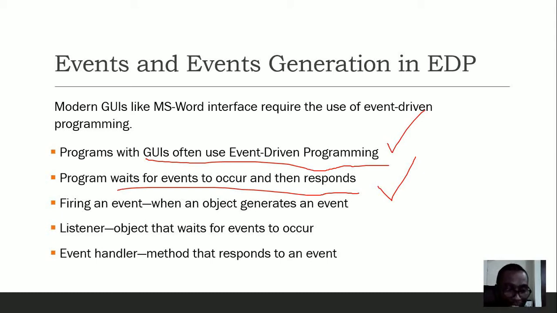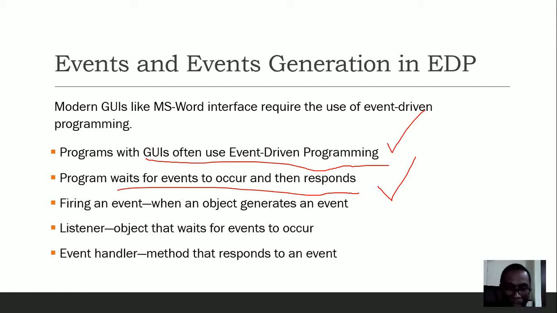Now, firing an event is when an object generates an event. So when an object generates an event, an event is fired. Then there is another object that is used to listen, or to really monitor and see, okay, an event has happened.